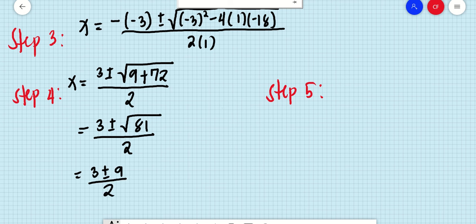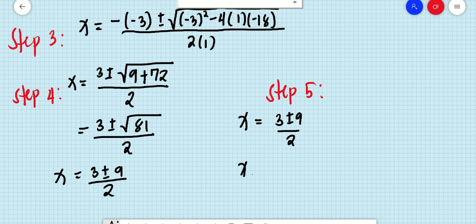Okay, kapag nandito na tayo sa part na to, proceed tayo dito sa step number 5. Equate into 0. So to find the value of x, we need to use x equals 3, positive negative 9 all over 2.